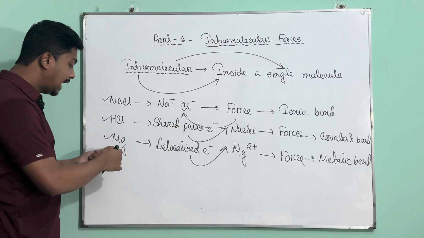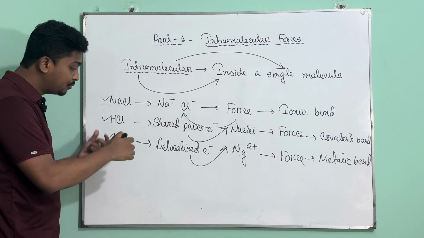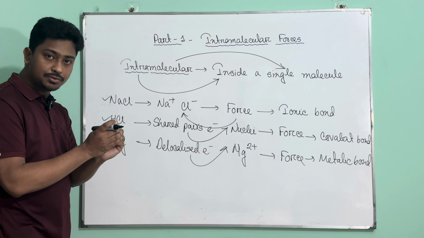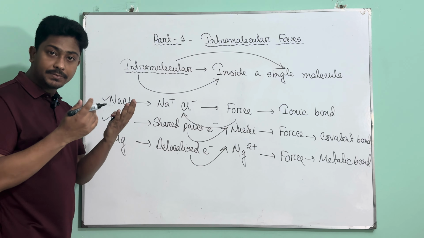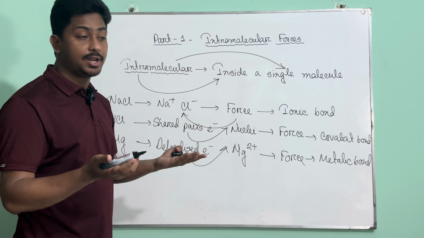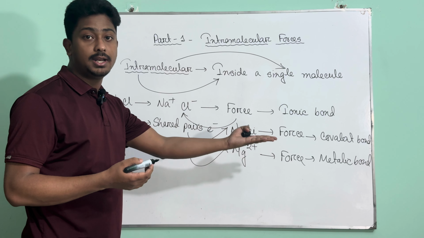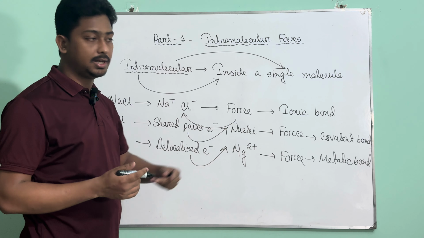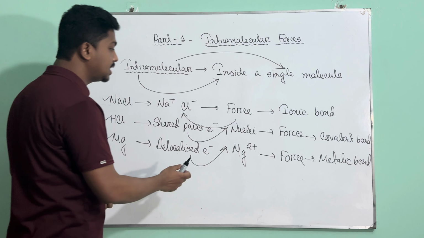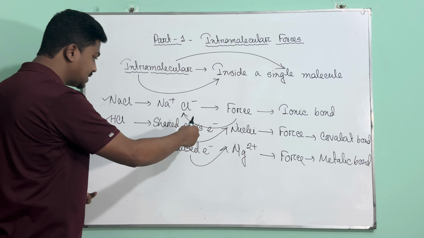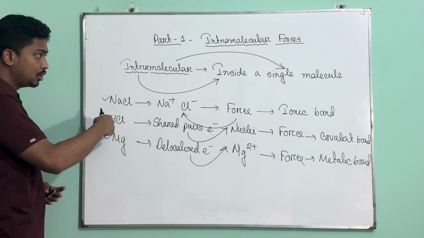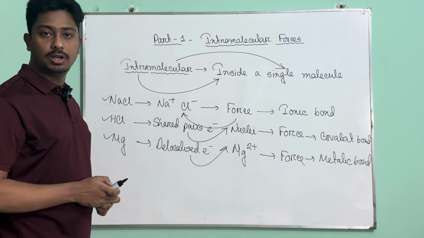Inside magnesium, we have delocalized electrons attracted to the magnesium 2+ cations by electrostatic force, which is a metallic bond. All these three bonds are made by forces, and these forces are making these compounds. So these are called intramolecular forces.